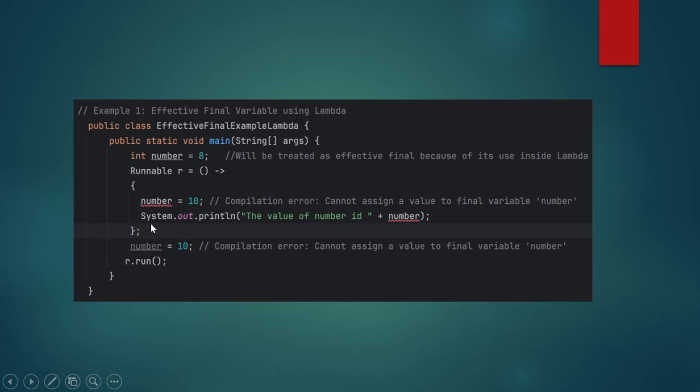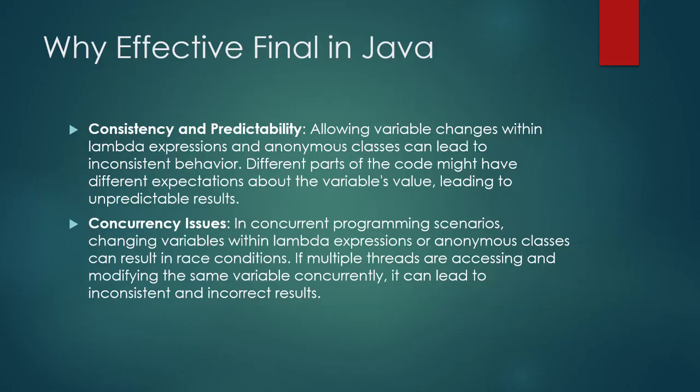Now we will get a compile time error. Whenever we try to change a variable which is not declared as final inside an anonymous class or a lambda expression from Java 8, we will get a compile time error. Here we did not mention the final keyword, but it acts implicitly as final. This is called effective final.